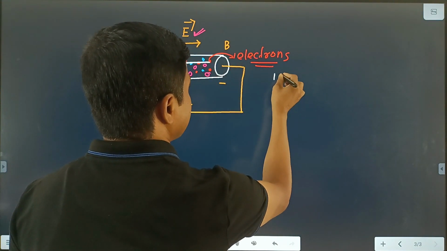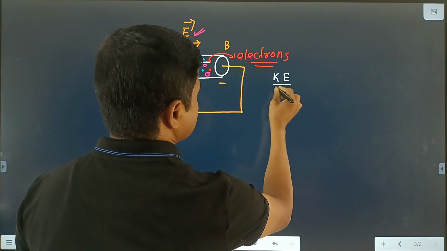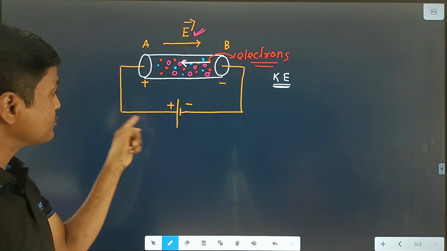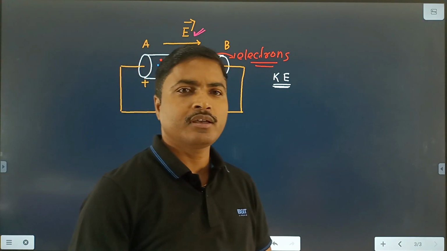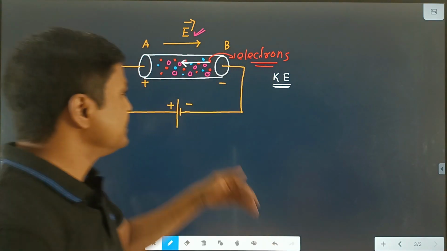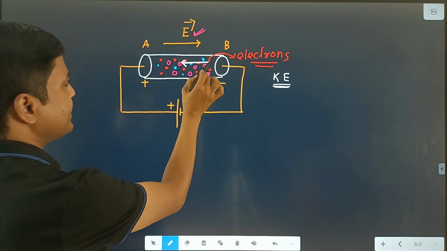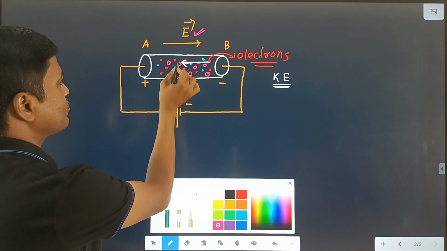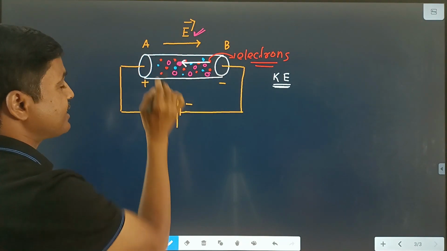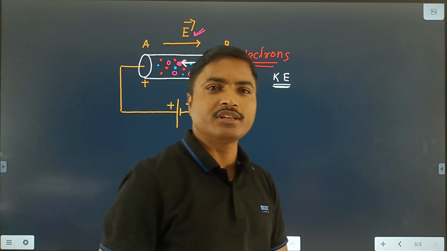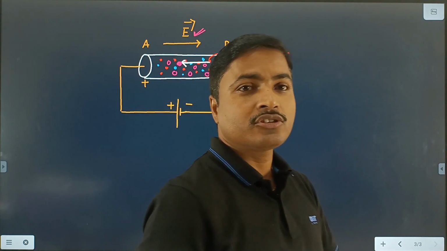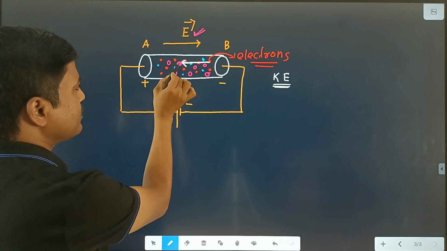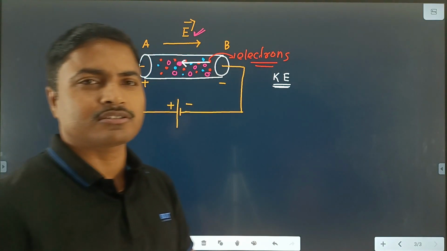That means with some kinetic energy, each electron starts to drift towards the positive terminal of the battery, and during its motion inside the conductor, the electron starts to collide with the atoms and ions, and during collision, some kinetic energy of these electrons is transferred to these atoms and ions.